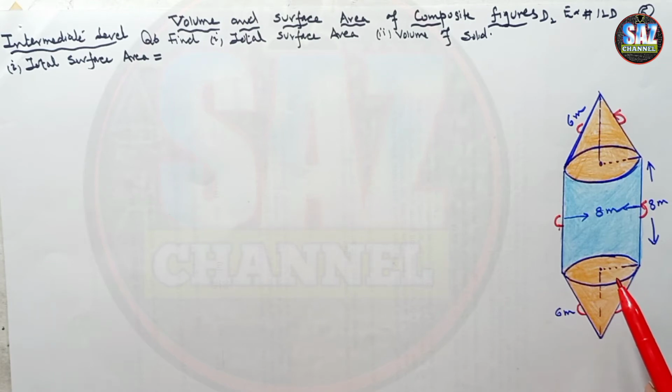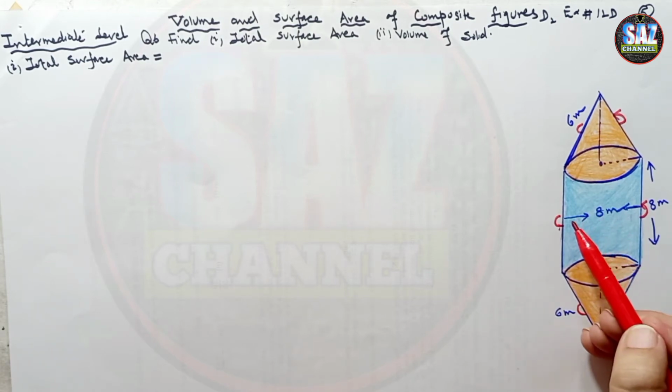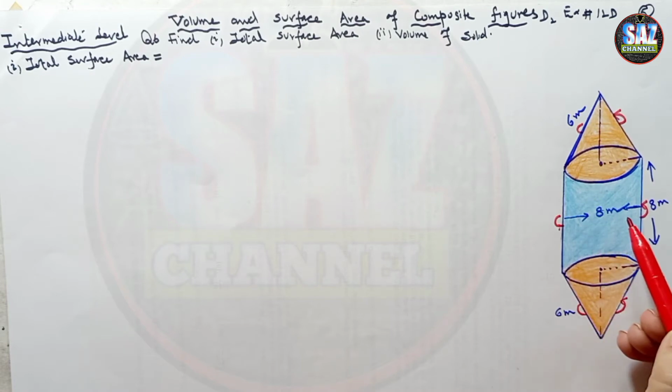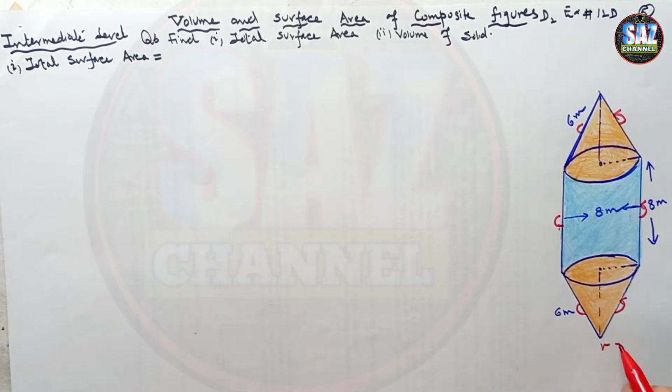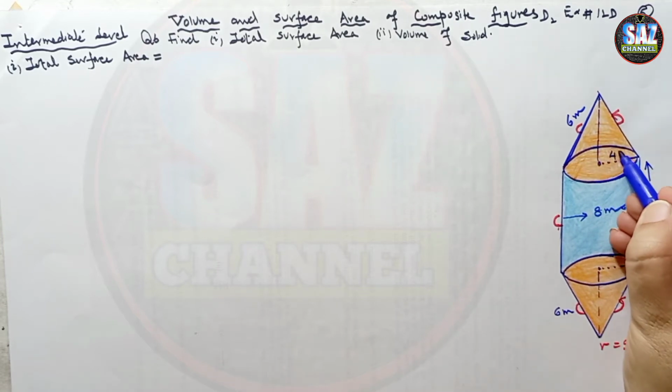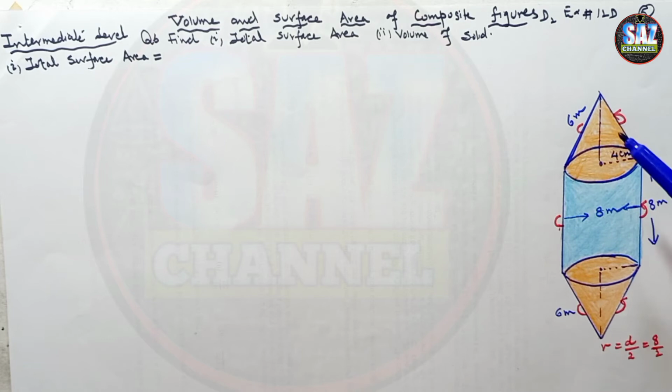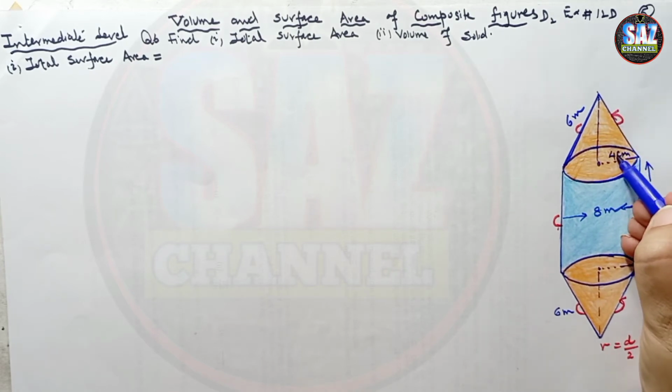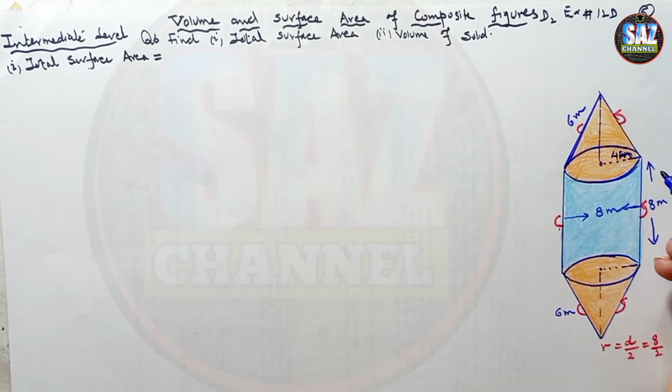Now the second thing is that for the cone and the cylinder, we are given the diameter, and as the radius is half the diameter, the radius will be 8 divided by 2, which is equal to 4 meters. The radius will be 4 meters for the cylinder as well as the cone, and the dimensions are in meters, so we have to be careful about this.